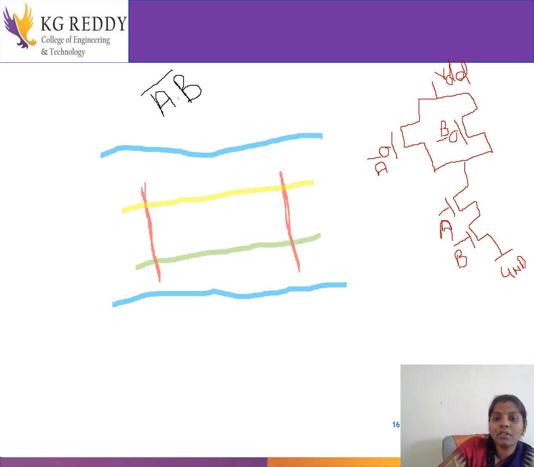Now I can see my four transistors: transistor 1, 2, 3 and 4. This represents the ground and this represents the VDD. So I have formed four transistors with the inputs A and B. Before I make connections, we need to know where my output will be.